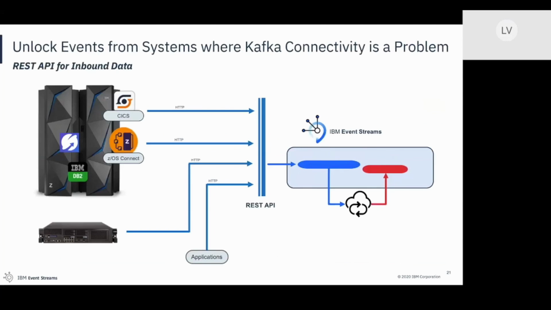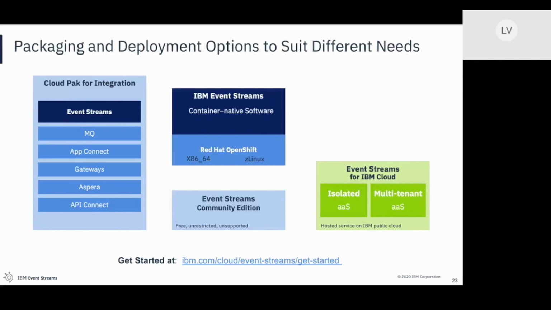In terms of packaging, I gave you a description. The first option is on top of Cloud Pak for Integration with the other IBM components. But you can instantiate this on IBM Cloud. There are several options. You can do this in a dedicated, isolated environment, if you want to isolate your instance of IBM Event Streams, or if you have a dedicated environment and don't want the data going outside this isolated environment.